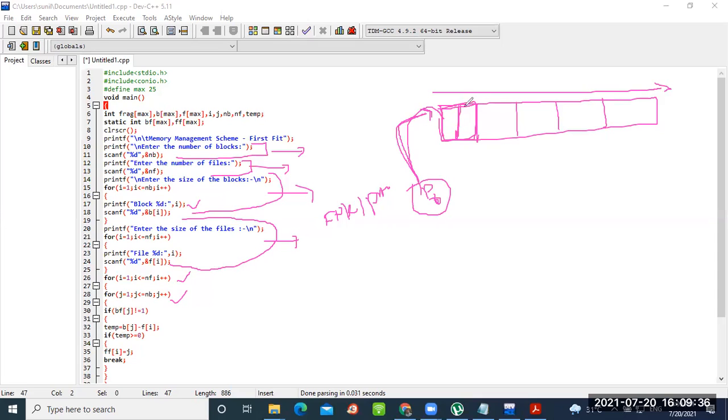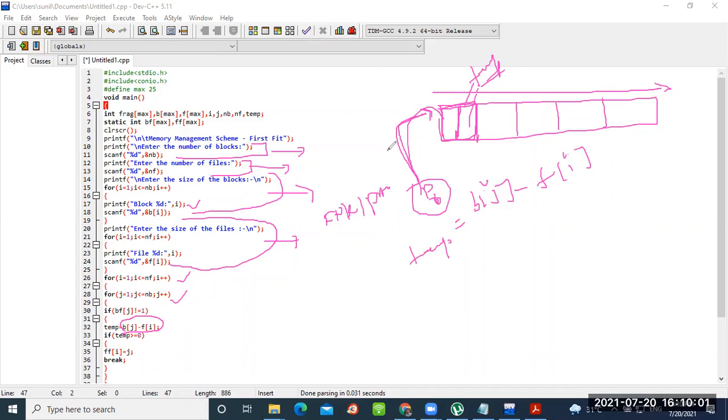So now I'm taking a temporary variable, where I'm going to store bj minus fi. Here bj is your block size and fi is your process size. So bj minus fi is nothing but the wastage memory, which is stored here if the process is assigned to this block.